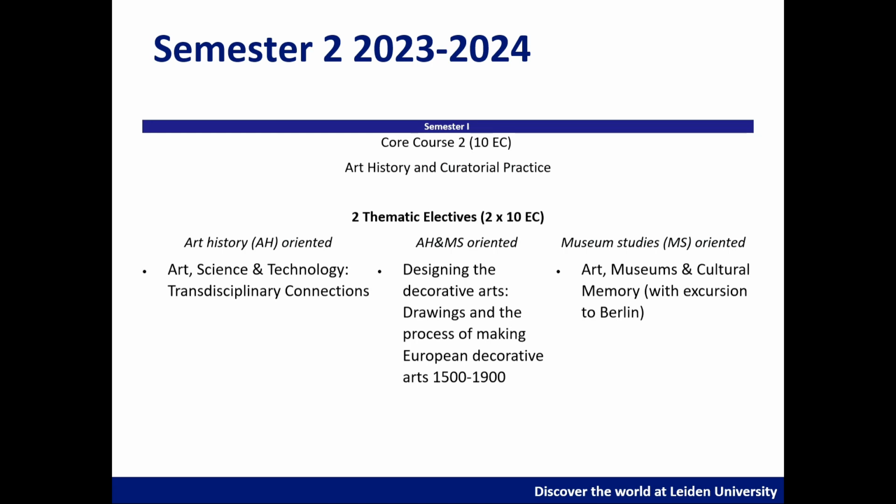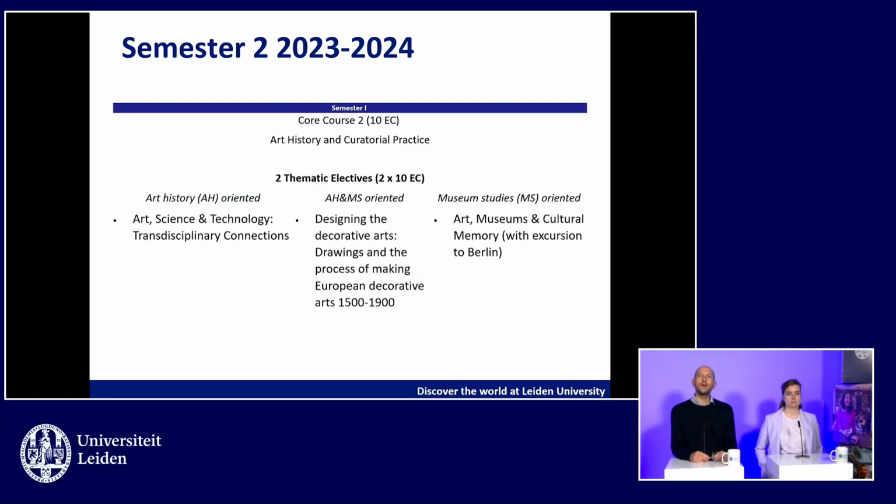We are looking not only at the decorative arts themselves, but also at collecting and exhibiting those subjects. And then our last course you can choose is about cultural memory, and in how far museums and art explore cultural memory, with, of course, Berlin and its fantastic museums as a very good example for that.